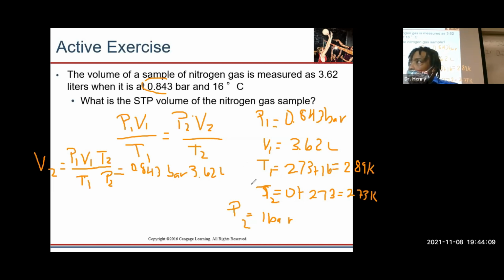And our T2 is 273 Kelvin. And we're dividing that by our T1, 289 Kelvin, and 1 atmosphere, 1 bar.